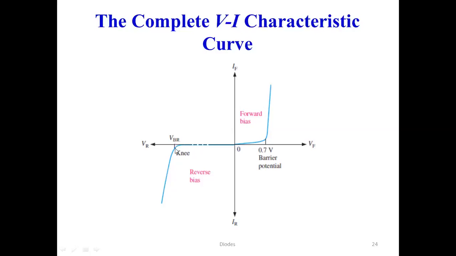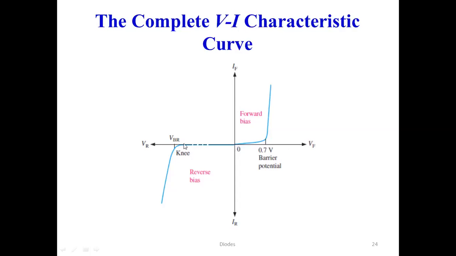Reverse breakdown voltage. Up to this point, the current will be almost 0 because of minority carriers. This is leakage current, so it is very, very minimum current, nearer to 0.